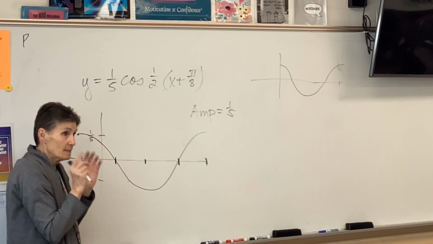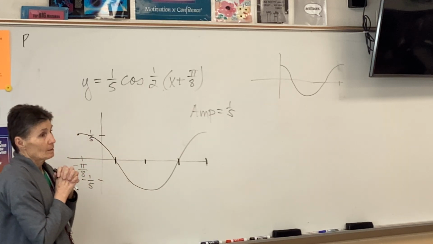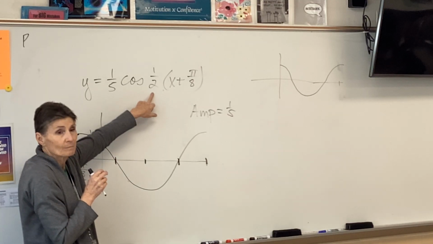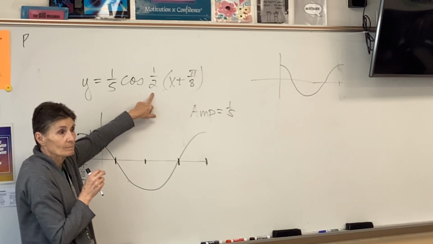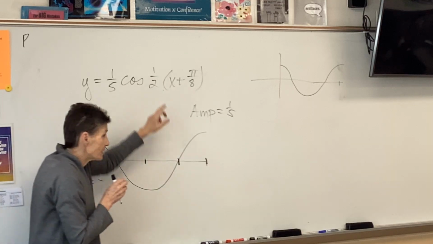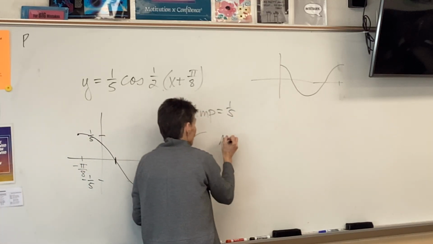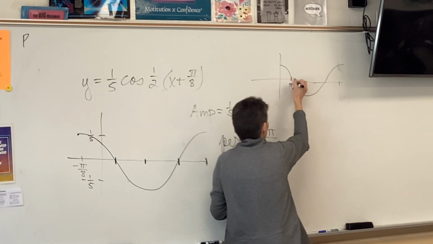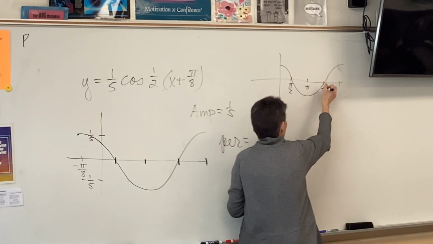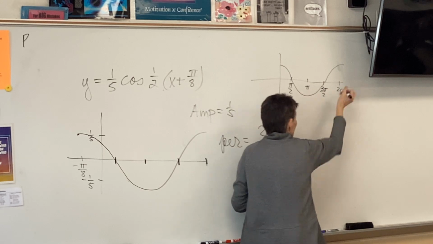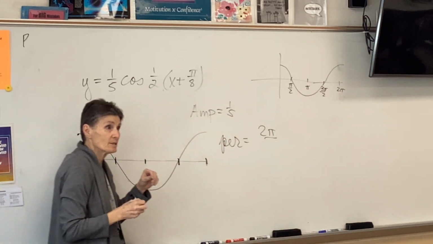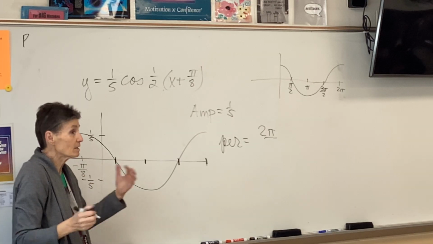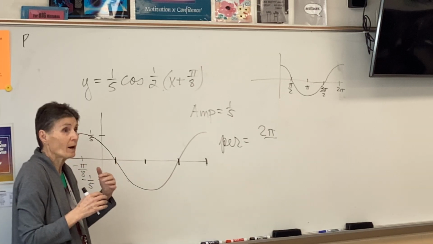Okay? Now there's been another change. Besides what's already indicated, what else has happened? This takes the period, which is supposed to be 2 pi, right? I didn't label these, but remember in the original sine and cosine, the period is 2 pi. Guys, there's a lot here, you've got to stay with me. The period's 2 pi.